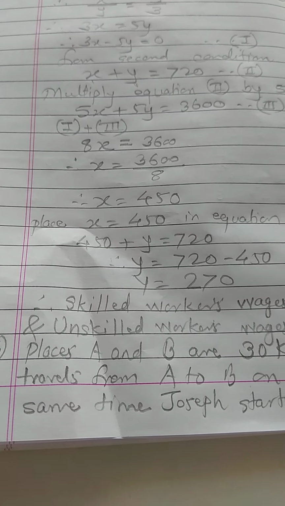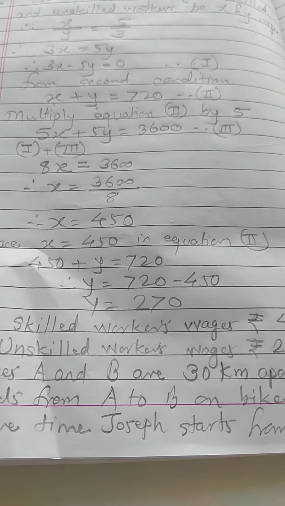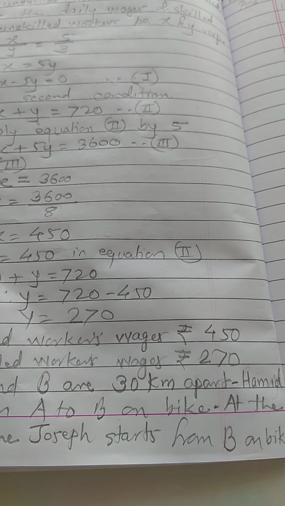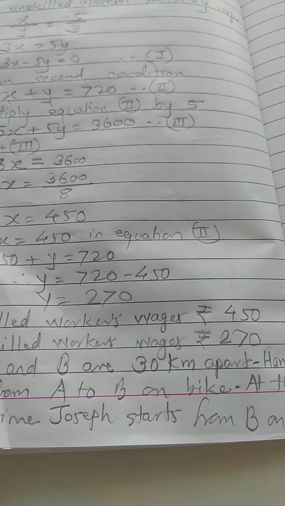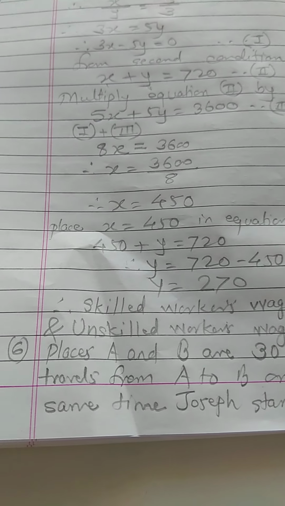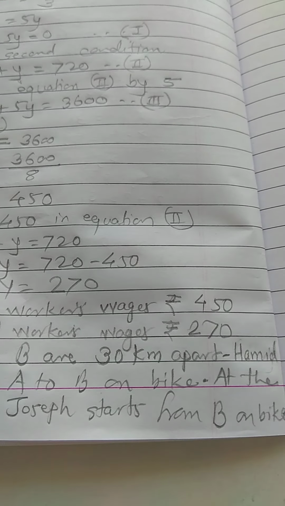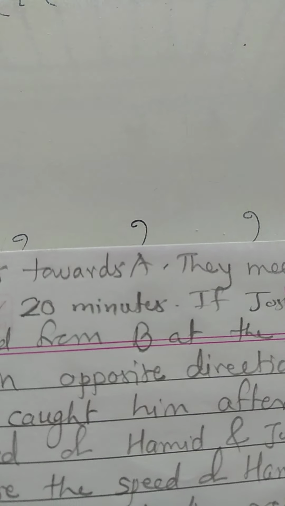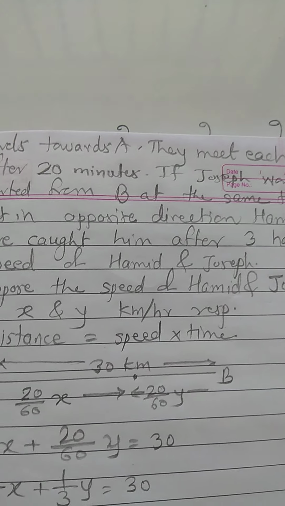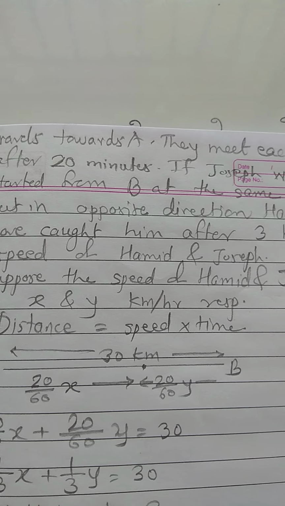Now, question number 6. Places A and B are 30 kilometers apart. Hamid travels from A to B on bike. At the same time, Joseph starts from B on bike towards A. They meet each other after 20 minutes.